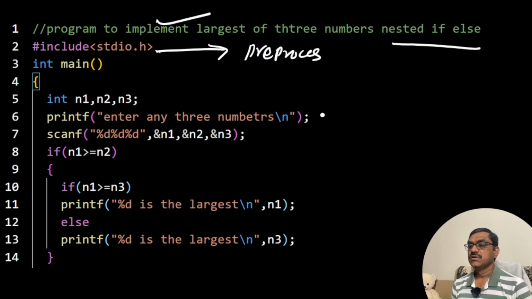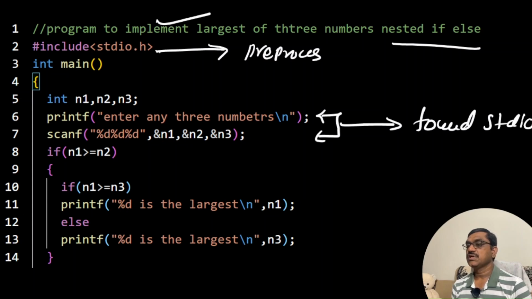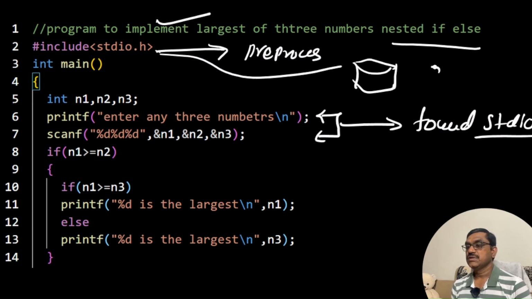To use printf as well as scanf, which are found in stdio.h. So first we include this header file, in which we can find scanf and printf at compilation time.